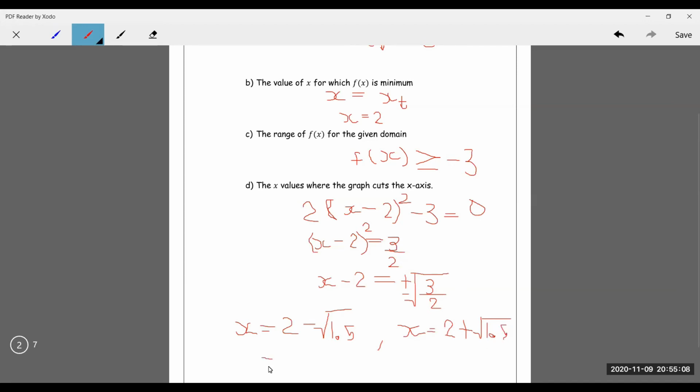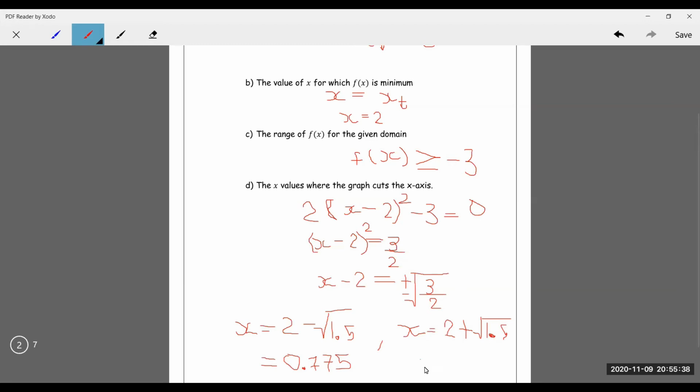So what this works out to be is 2 minus the root of 1.5. I'm getting 0.775 from my calculator. All right. Now for right here, now we have 2 plus the square root of 1.5.